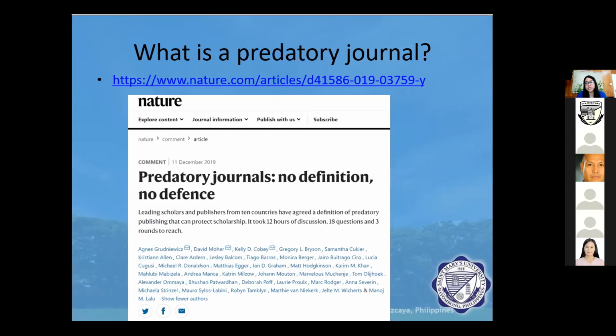So as I have mentioned, the interview with Bill is based on his operational definition of what is predatory.